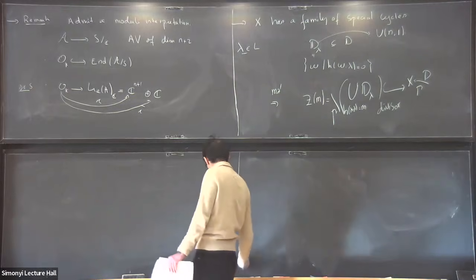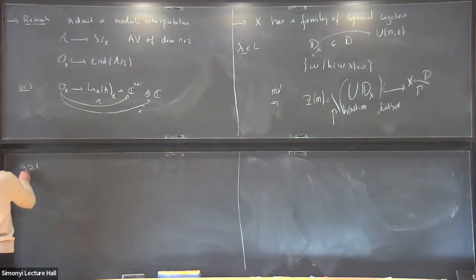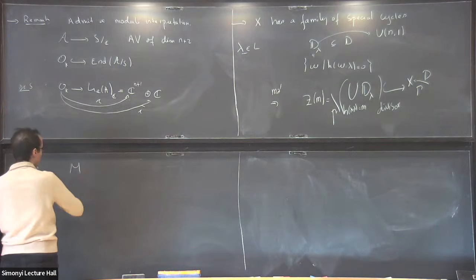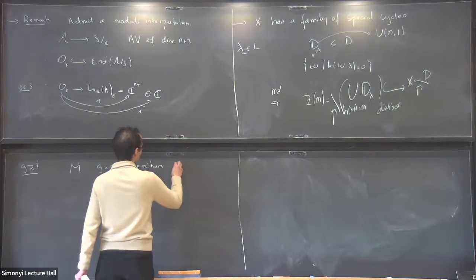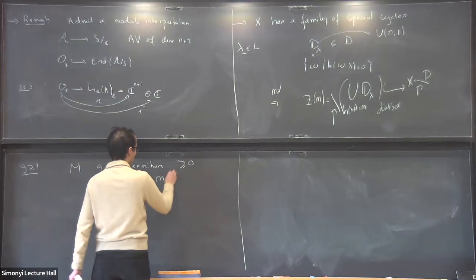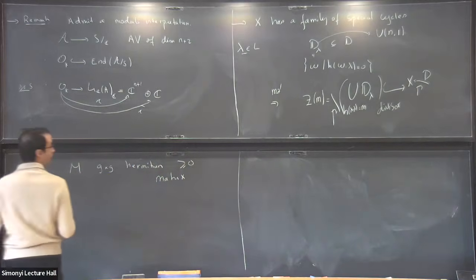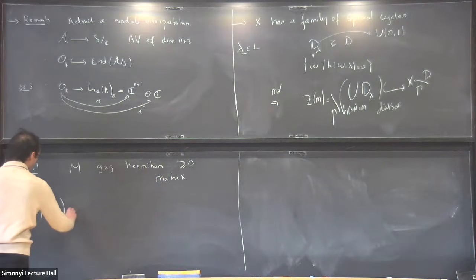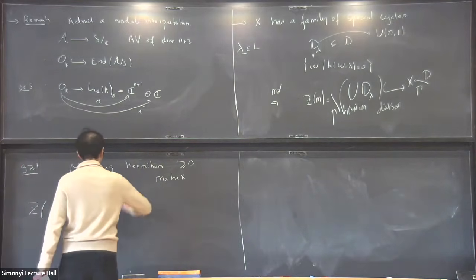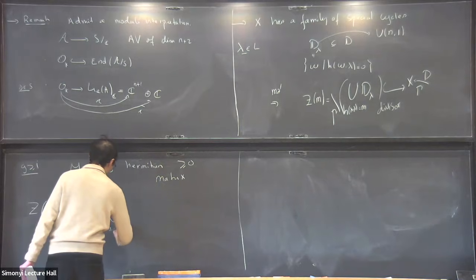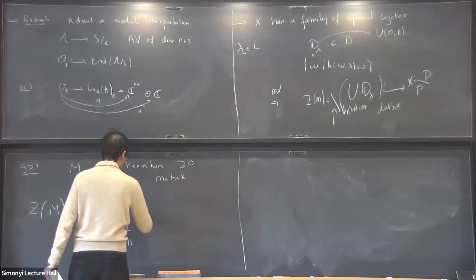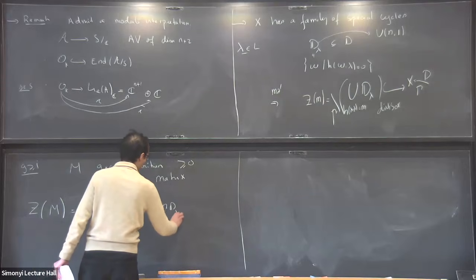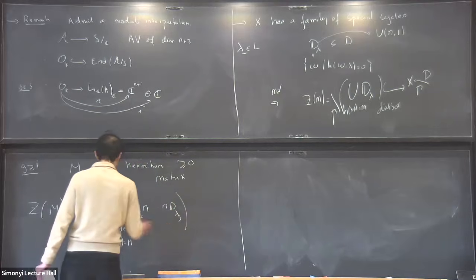More generally, if you have an integer g at least 1, and M a g by g Hermitian semi-positive definite matrix, then I can define the following cycles Z(M), which are the union over all tuples of g vectors lambda_1, ..., lambda_g in L whose intersection matrix is equal to this fixed matrix M, of the intersection of the g copies of D_lambda_i, and again take the quotient by Gamma.